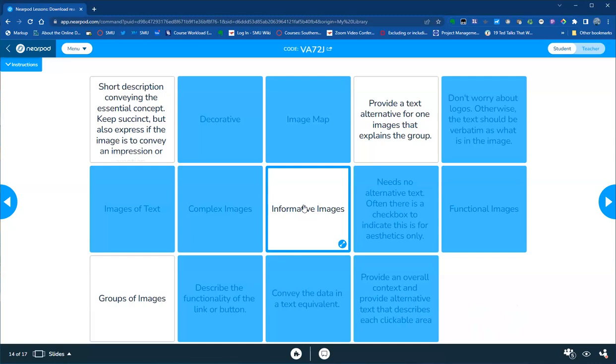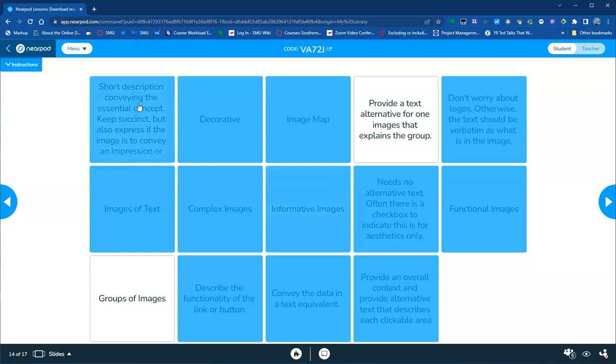And when we're looking at those informative images, what we want is just a really short description that's conveying the essential concept of that image. But if that image is also there to help convey an impression or evoke an emotion, then we also have to try to explain that as well.